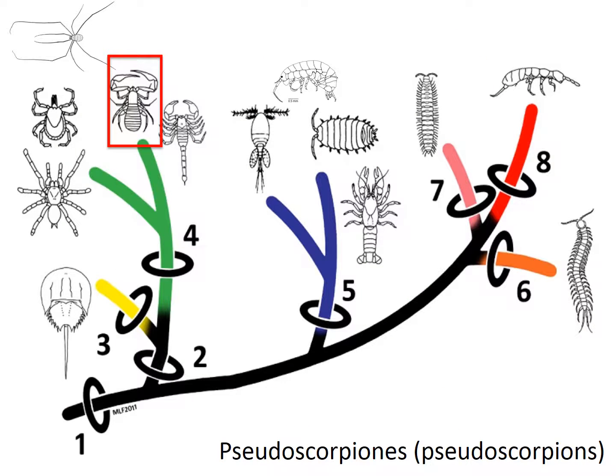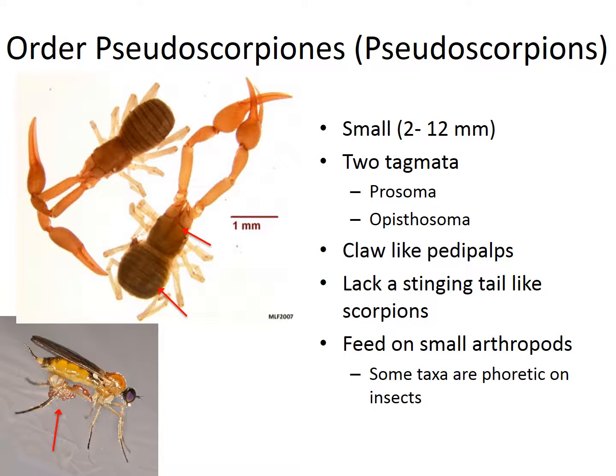The next group of arachnids that you may or may not run into is a little less familiar. It's a group called pseudoscorpiones, or pseudoscorpions. So pseudoscorpions look a lot like scorpions do, but there are some fairly important differences. First of all, pseudoscorpions tend to be fairly small creatures.